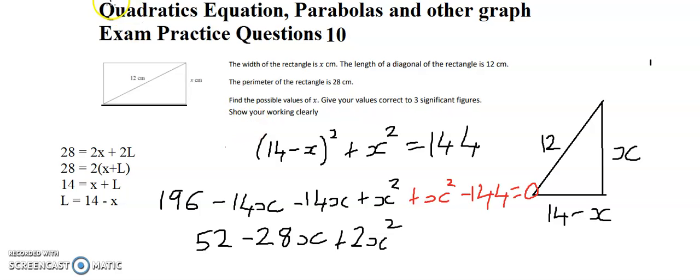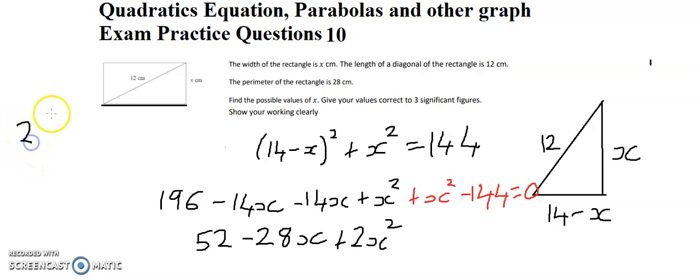Okay, so now we've got an equation. I just want to rewrite it in ax squared plus bx plus c form. So I'm also wanting to get the common factor of 2 out. If I divide 2x squared by 2, I get x squared. If I divide negative 28x by 2, I get negative 14x.